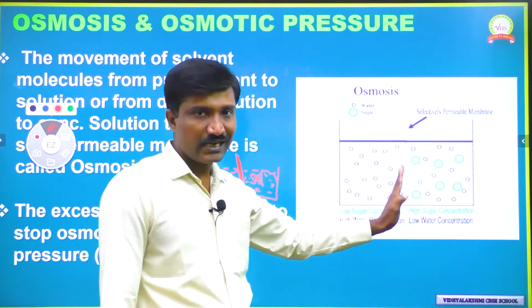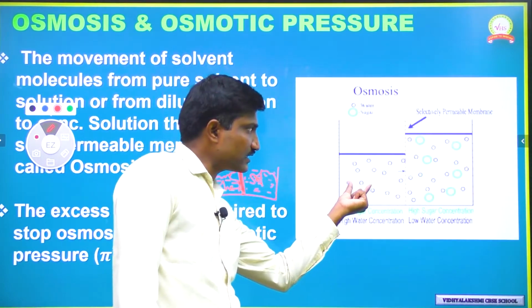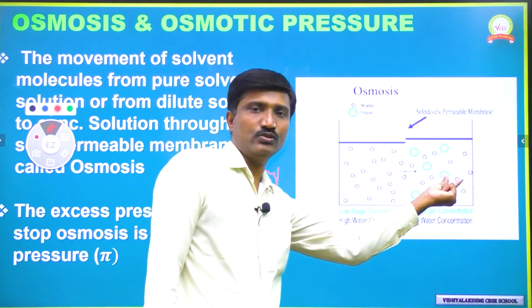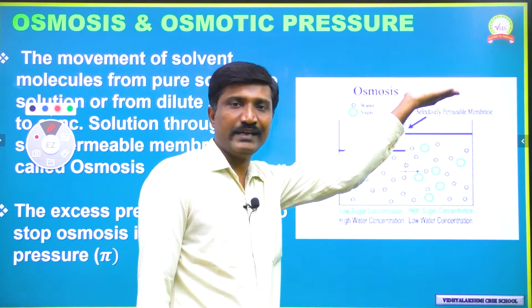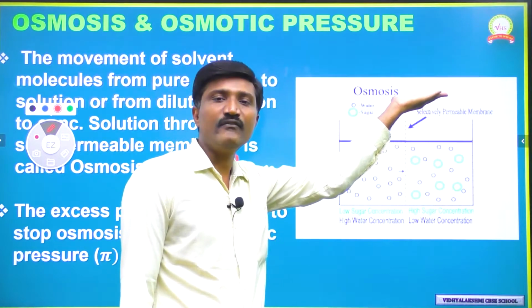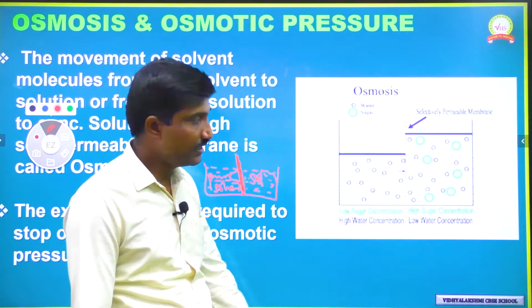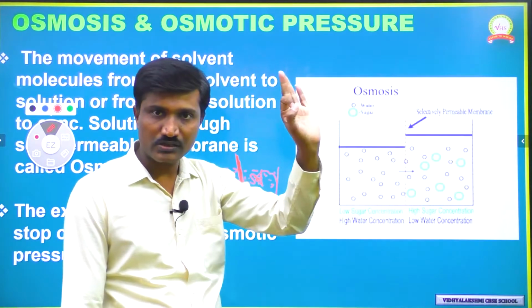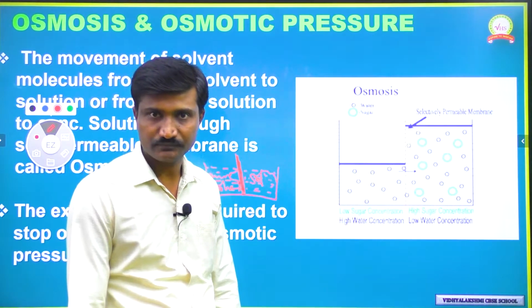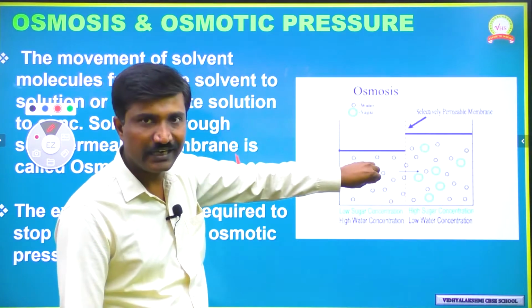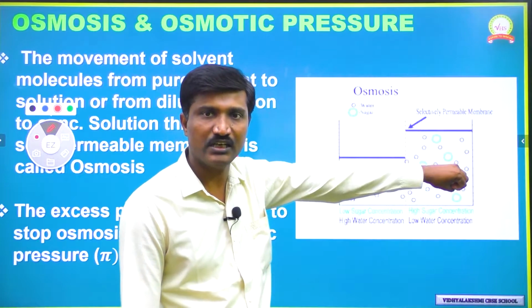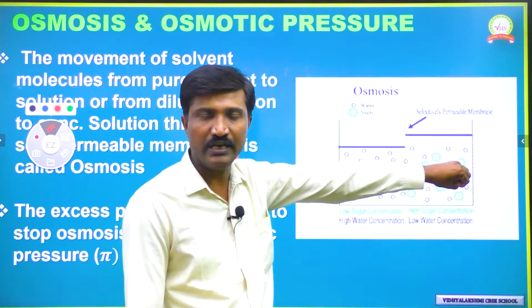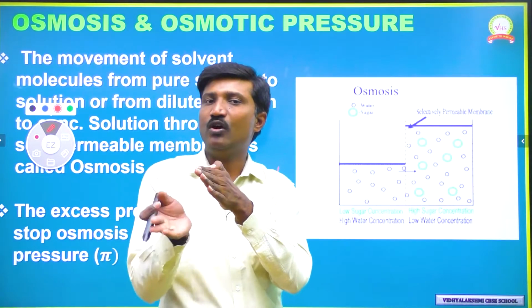If you see, after some time some blue particles enter the solution side, so the solution level increases. Why is that happening? This membrane allows only the solvent molecules. In the pure state there are more solvent molecules, but in the solution there are fewer solvent molecules present. Solvent always flows from more to less.